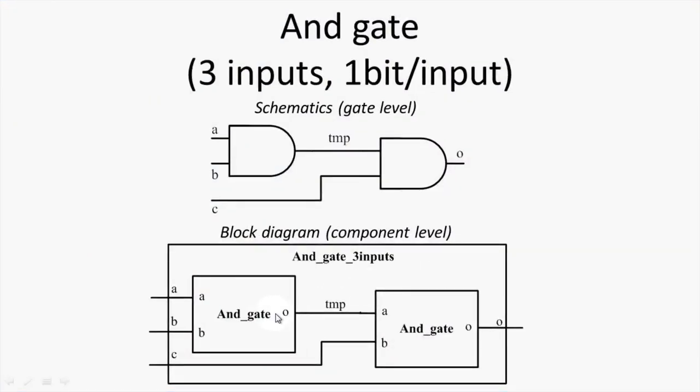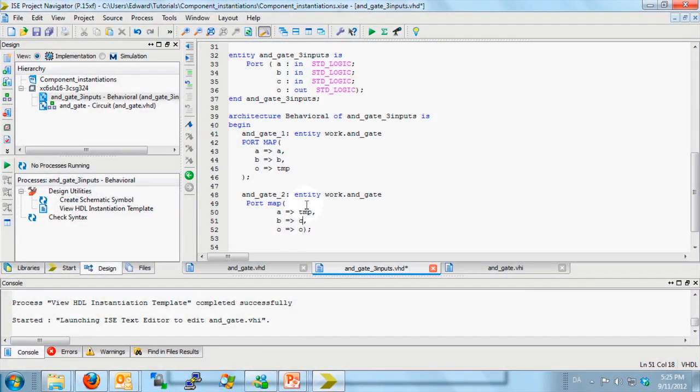Now, as we notice from this drawing, A, B, C, and O are signals that are from the interface of the AND gate with 3 inputs. So those are declared in the entity declaration of this component. But we have one internal signal called TMP, which is not declared yet. We have to declare it as well. And we do that inside the architecture.